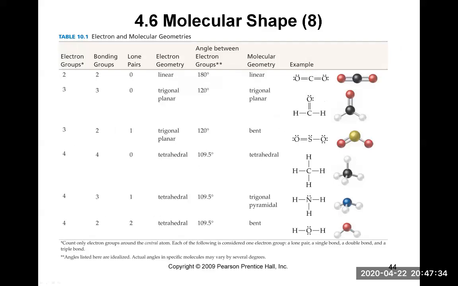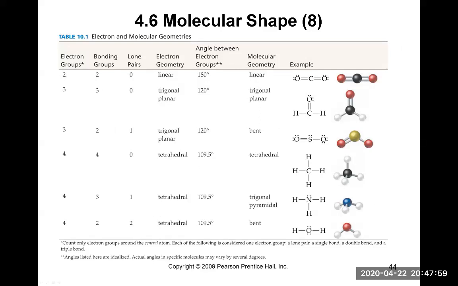So we said 4 electron groups, 4 bonding groups, 0 lone pairs. So it's a line towards the middle of the table here that says 4 electron groups, 4 bonding groups, 0 lone pairs. You have an electron geometry that is tetrahedral, and the molecular geometry is also tetrahedral, right?